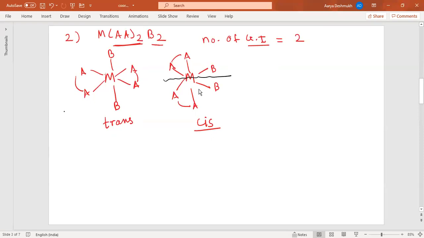So if you cut like this, and you can cut like this also, this one. Okay. Now if you cut through this, you will get two equal halves of the molecule. Two equal halves.